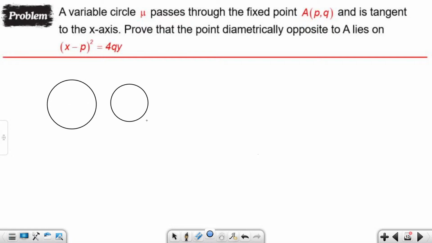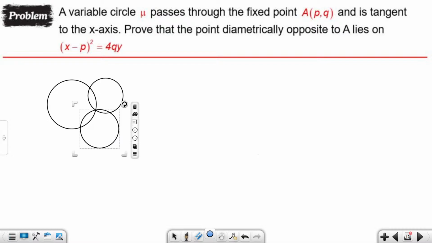The circle can be this also because it is passing through this point. So, see, this is that point through which an infinite number of circles can pass, right?